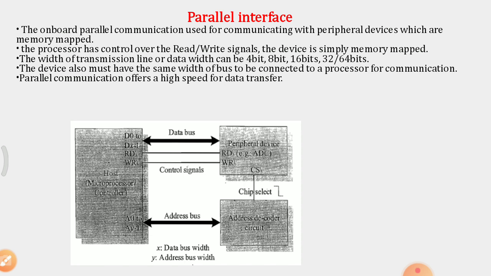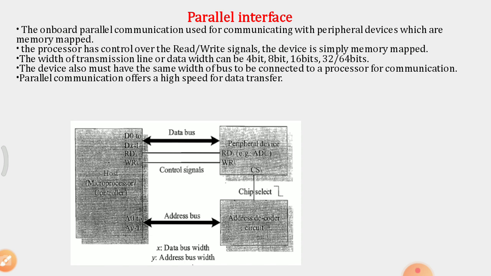There are some control signals, and there is another chip called the address decoder circuit, which is connected to the same microcontroller through an address bus. The data bus contains parallel lines, and the address bus also contains parallel lines for sharing address bits.